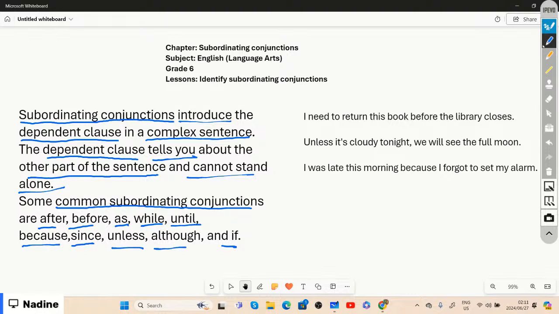All right. And if we look at a few examples of where we can use subordinating conjunctions within a sentence, it says, I need to return this book before the library closes. We can look over here at a few of the common subordinating conjunctions, in order to help us in identifying what the subordinating conjunction is within that sentence.